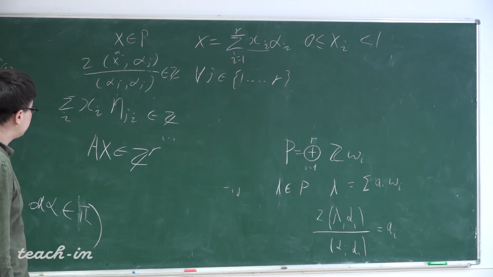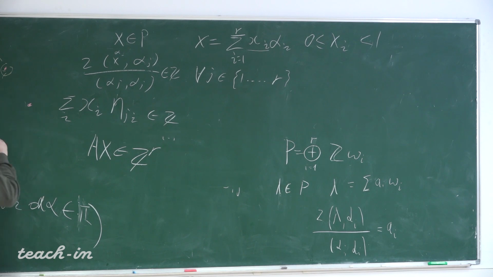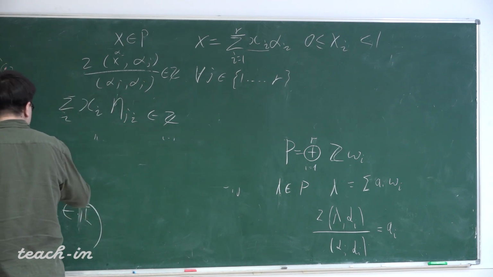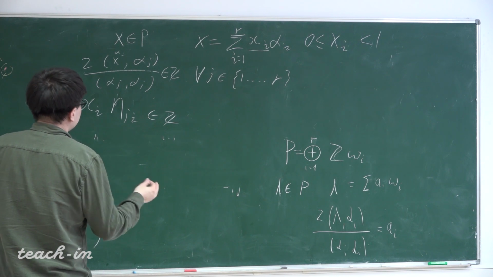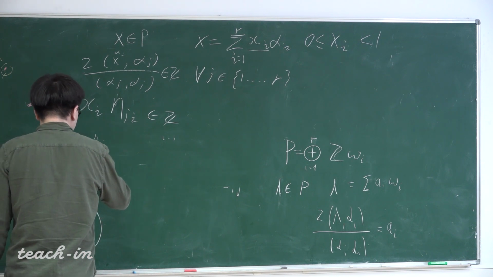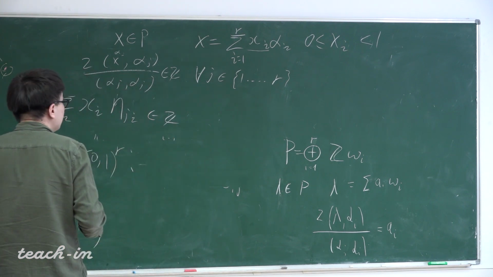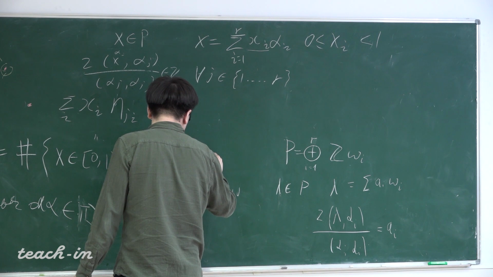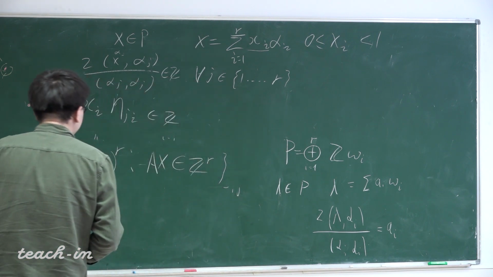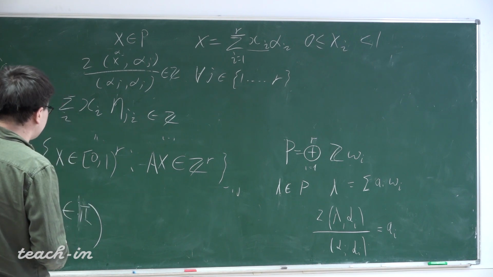And now we just rewrite this thing. This set should be x in R^r such that Ax should be an integer vector in Z^r.